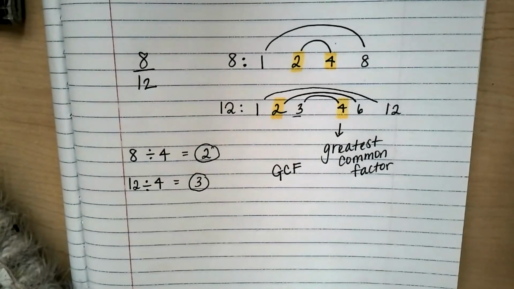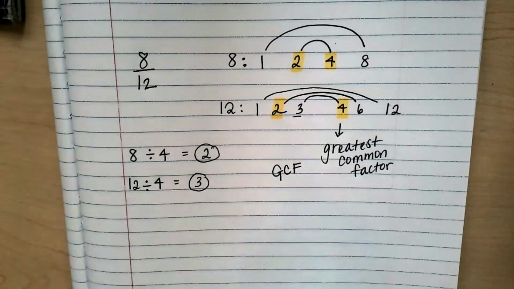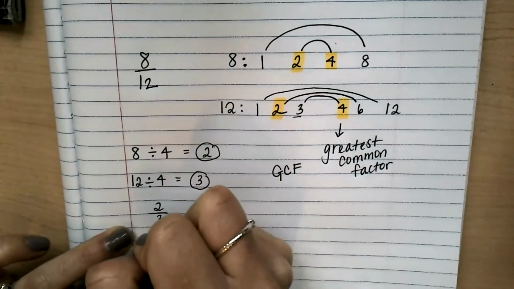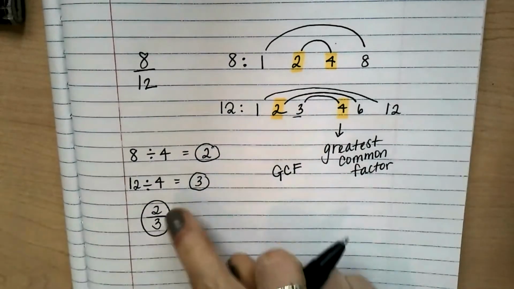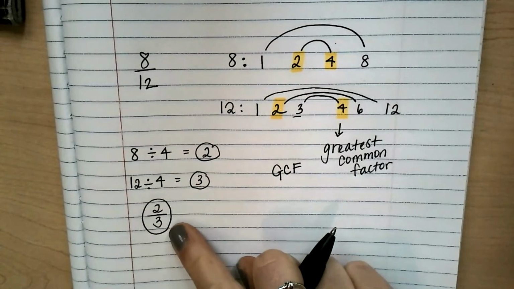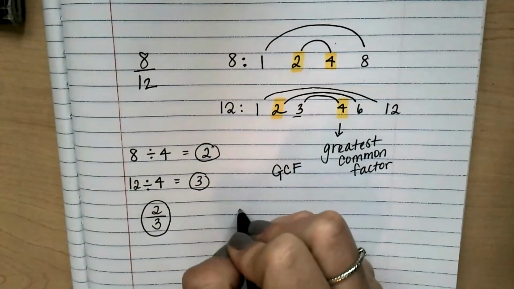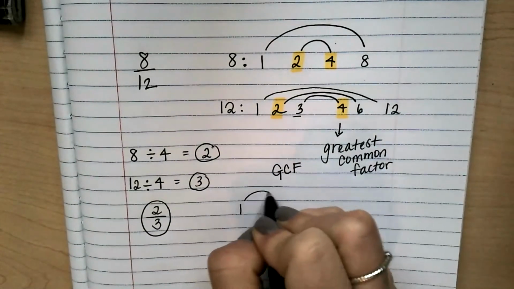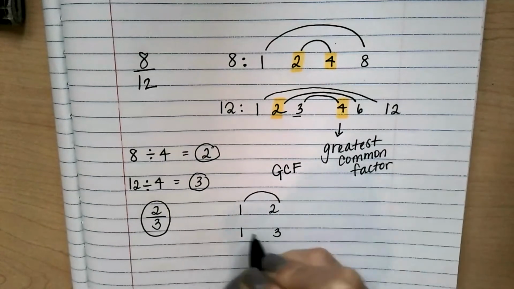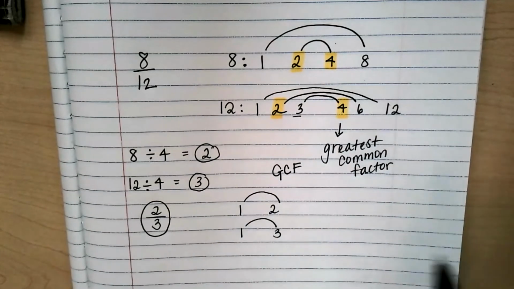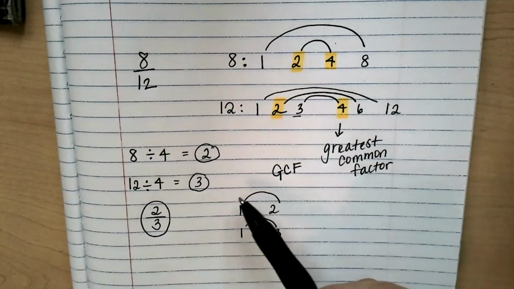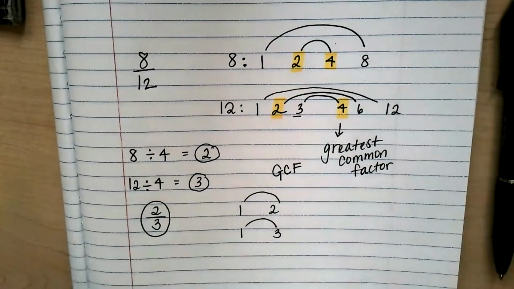Okay, and then check: do the numerator and denominator share another factor in common? So I've got 2/3. 2 is a prime number and 3 is a prime number, which means that they're only divisible by 1 and themselves. So they don't share any factors in common besides 1, which doesn't count.